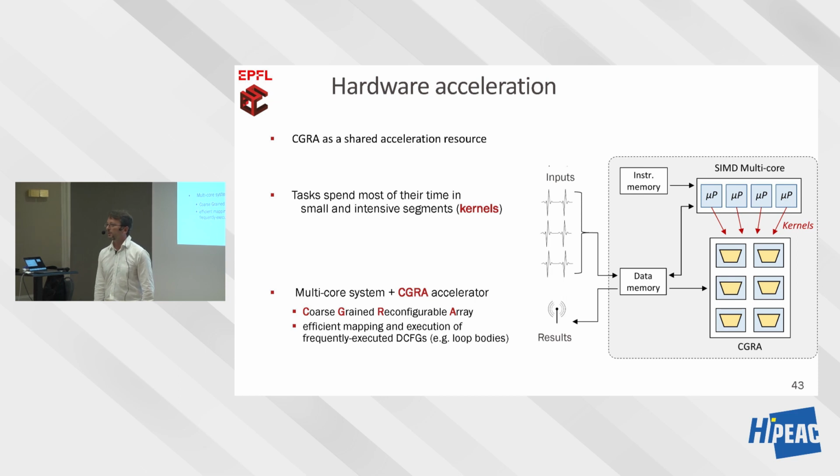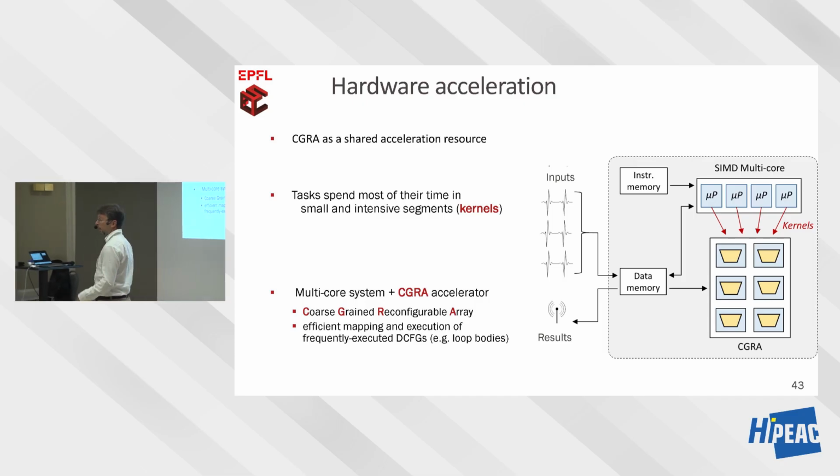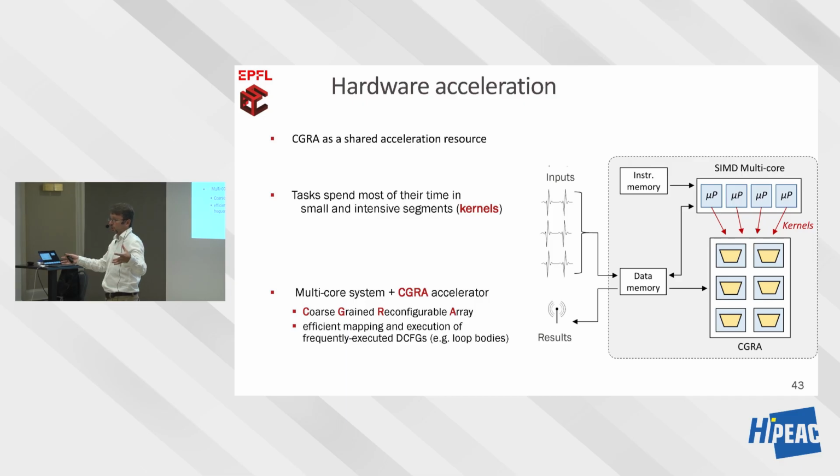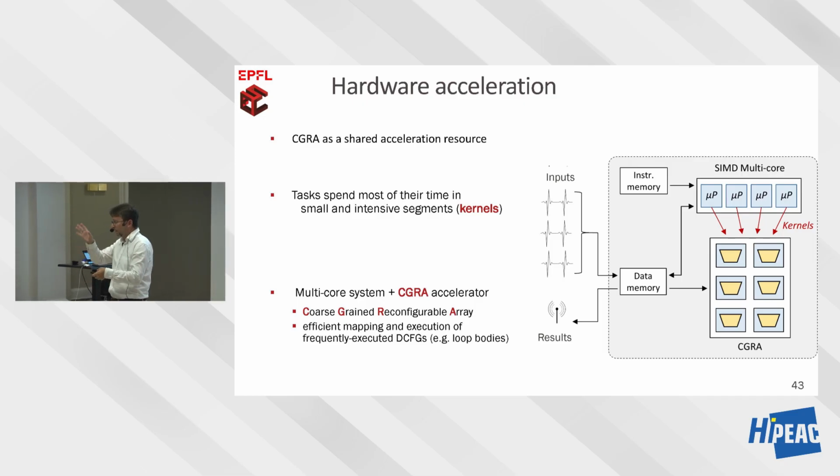Does anybody know about these arrays? 1, 2, 3, 4, 5, few. Okay, you can see them in two ways, either as an FPGA, in which instead of having lookup tables and flip-flops, you have ALUs doing arithmetic operations, so that you can map one arithmetic operation in a cell in the array.